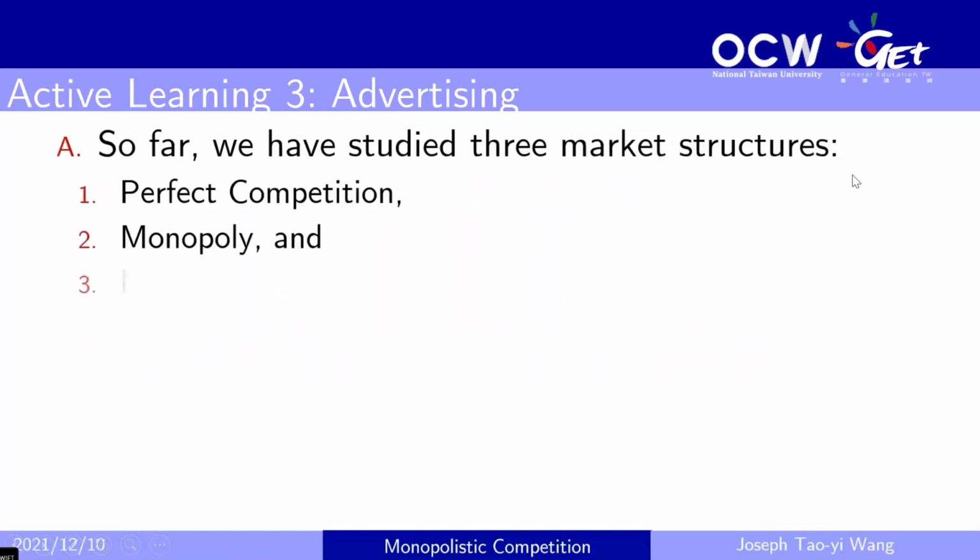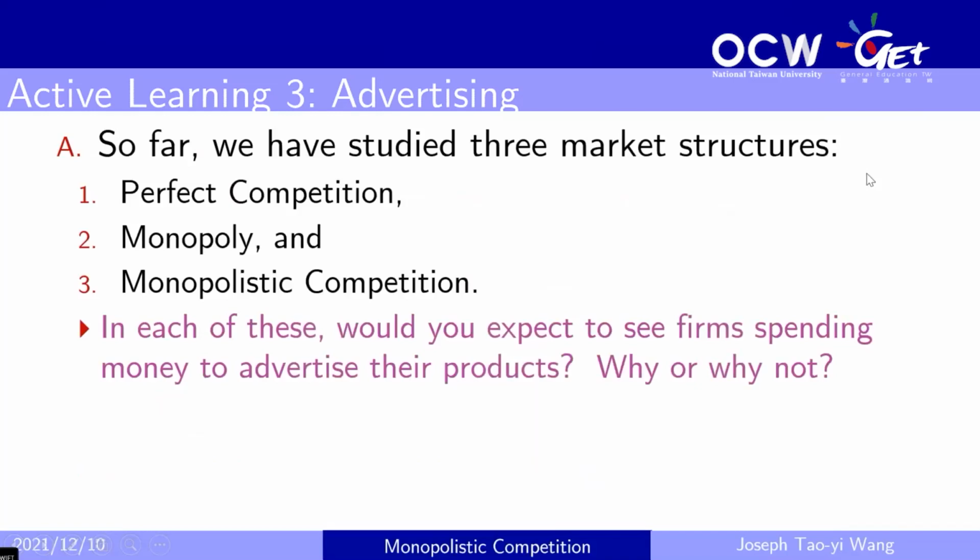Okay, so far we have studied three market structures: perfect competition, monopoly, and monopolistic competition. So in each of these, would you expect to see firms spending more on advertising? That's the question. So which one do you think firms will be more likely to spend money on advertising?